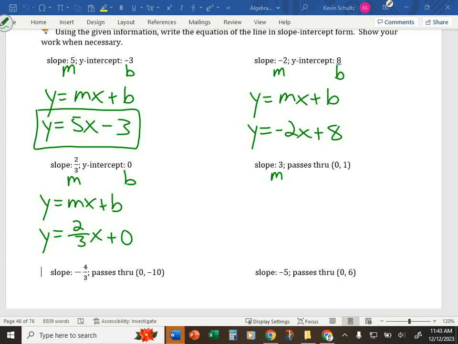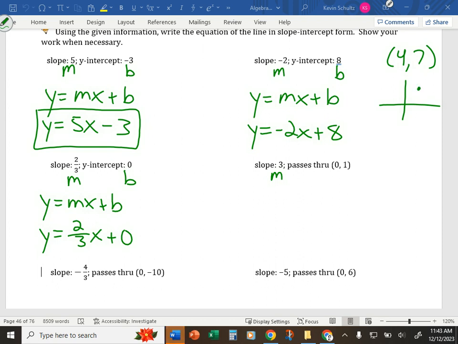Because it's in the y. Okay, but what about, if you look at the next page, B. How do you know that this ordered pair represents the y-intercept? There's something else about it. Not every ordered pair is a y-intercept. If I tell you that a line passes through the ordered pair 4, 7, 7's not the y-intercept, right? Because if you were to plot 4, 7, that's somewhere out there.